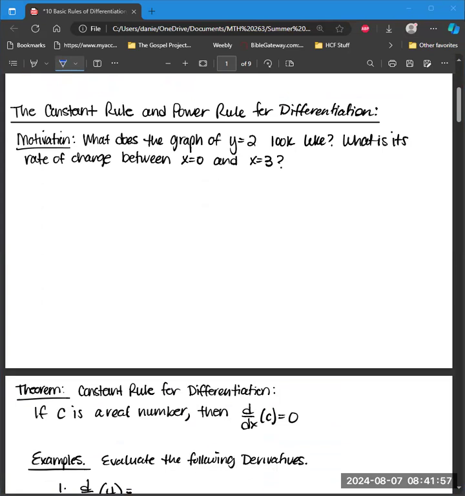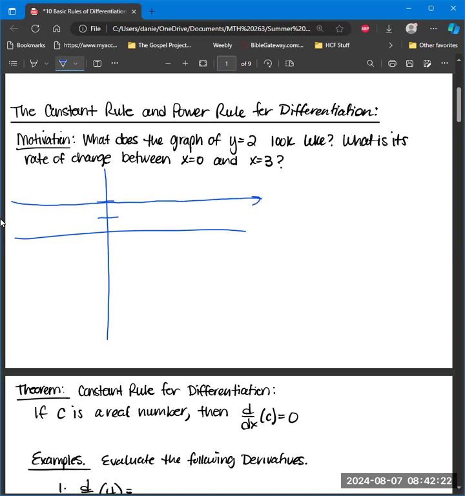Let's start with the constant rule and the power rule. The constant rule is kind of a special case of the power rule. So what does the graph y equals 2 look like? And what is its rate of change between x equals 0 and x equals 3? I could have chosen any x values, but it's a constant function. It's a horizontal line. So we have the point (0, 2), and we have the point (3, 2).